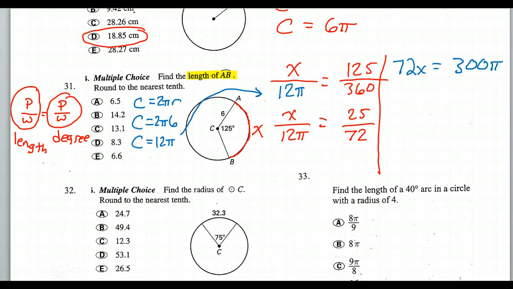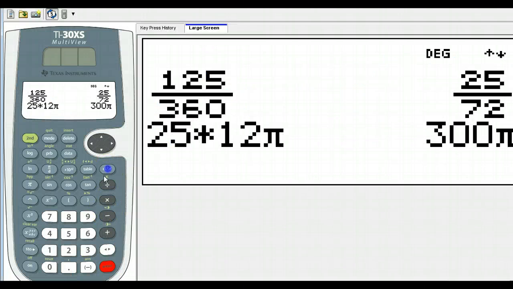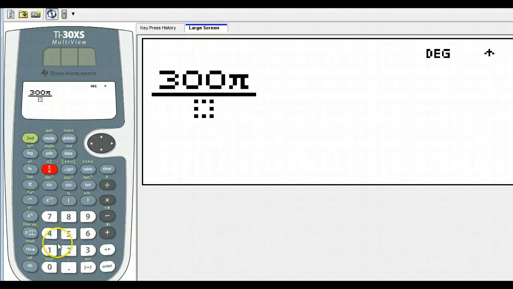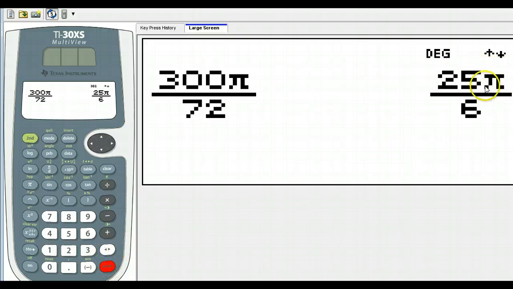So I just need to divide both sides by 72. I want a decimal anyway, so I can just put all this in my calculator. 300 pi divided by 72. They reduced it for me first.